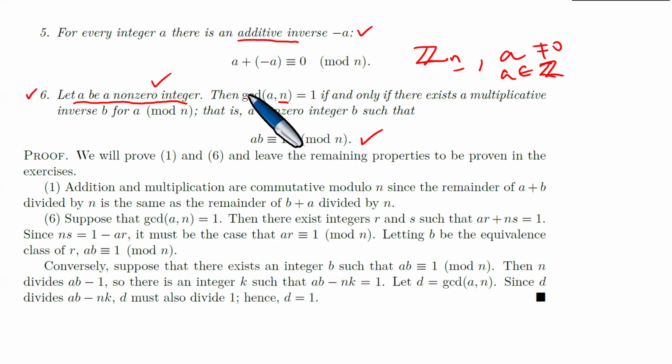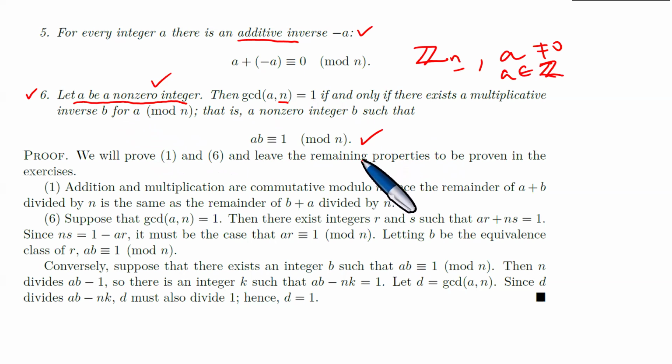In other words, this greatest common divisor is 1 if and only if there exists a multiplicative inverse b for a modulo n, a non-zero integer b. So when you multiply the random integer a by b, you get 1 modulo n.